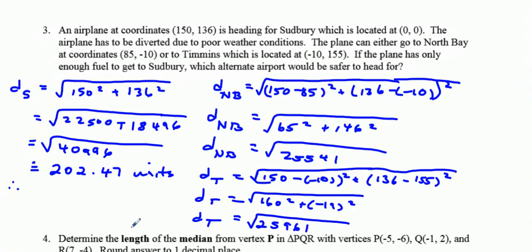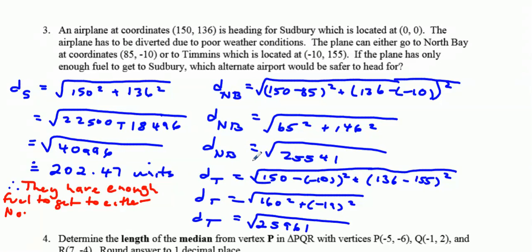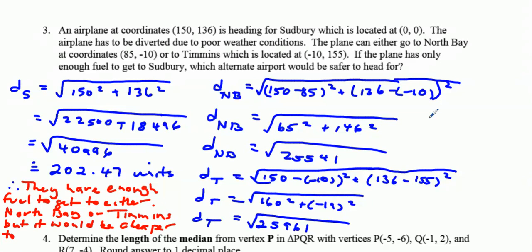So you could say something like, therefore, they have enough fuel to get to either North Bay or Timmins, but it would be cheaper to go to North Bay.